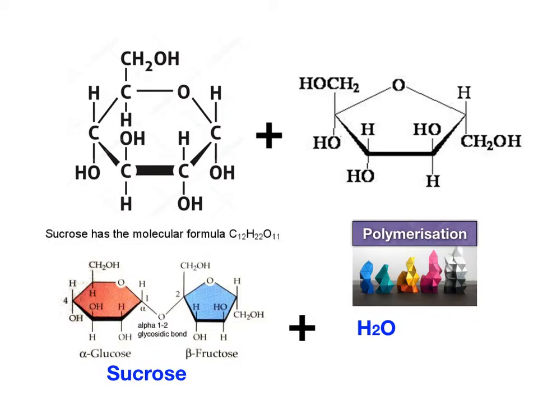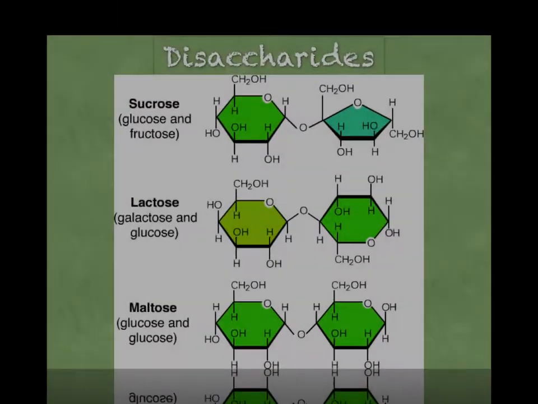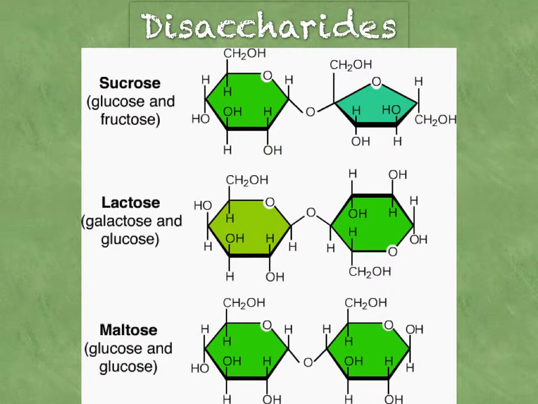So sucrose, as we said, is a disaccharide, or 2 monosaccharides combined to each other, glucose and fructose, and you can find that in table sugar and plants.